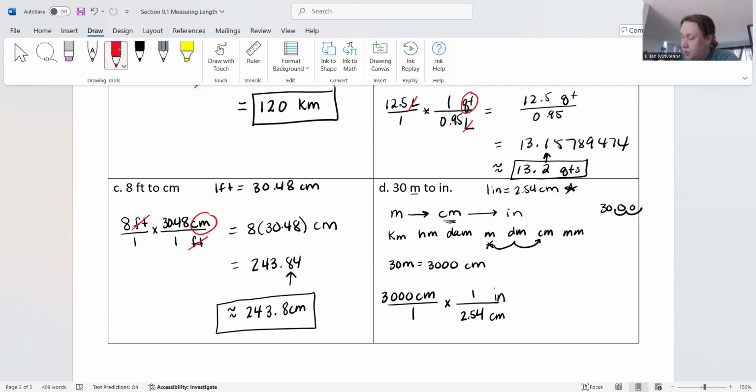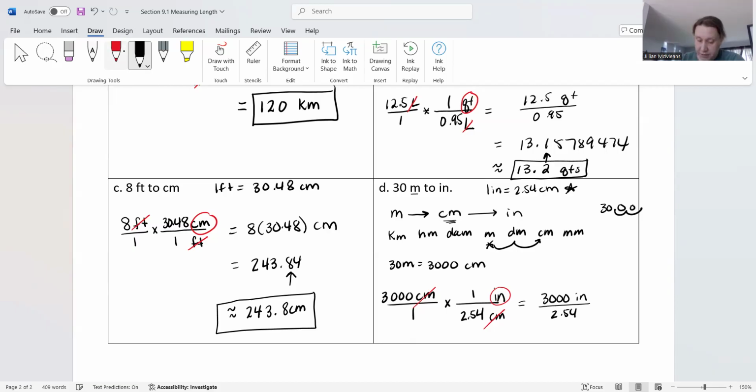Okay? So centimeters cancel. We're left with inches in the numerator, which is exactly what we want. We clean up the math a little bit, and we get 3,000 times 1, which is just 3,000, and our unit in the numerator is inches. In the denominator, we get 1 times 2.54, and there's no unit in the denominator, so just 2.54.